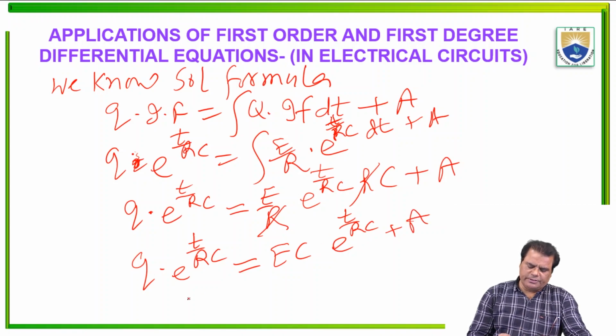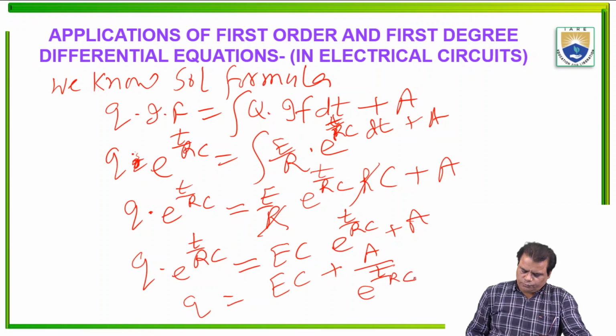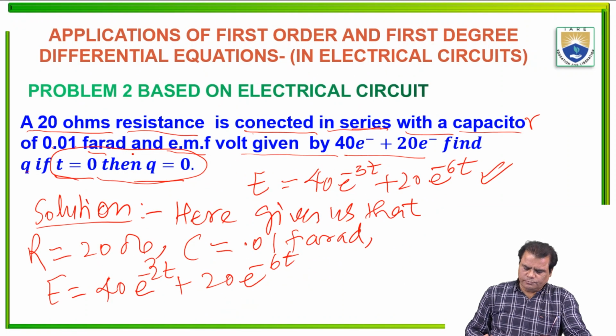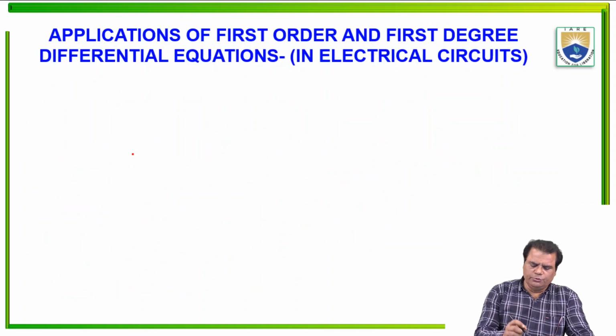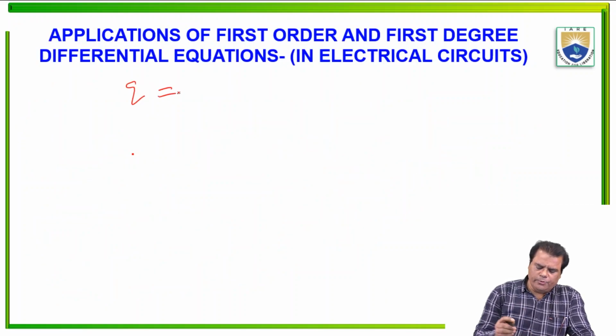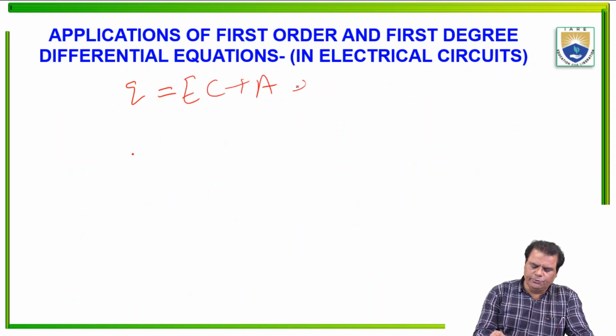Dividing by this function, q is equal to EC plus A e to the power minus t upon RC.